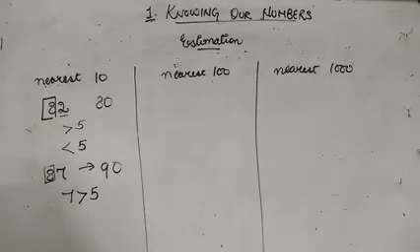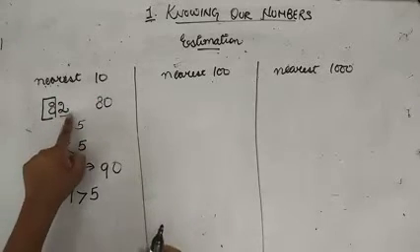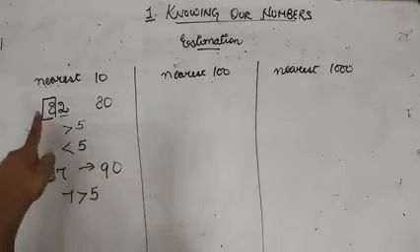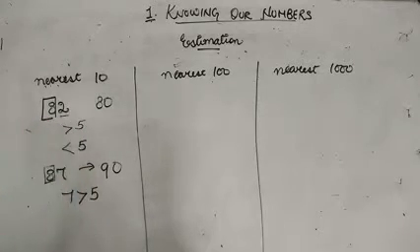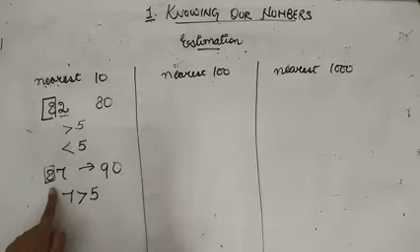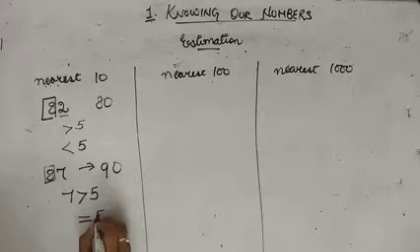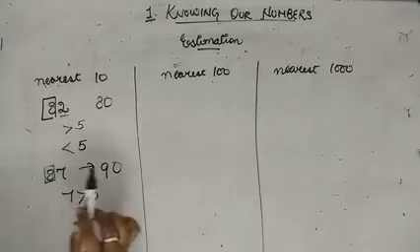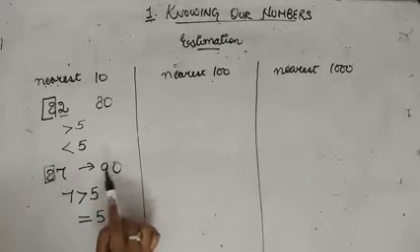So when you have to estimate to nearest tens, you will see the last digit. If last digit is less than 5, then digit at tens will not change. It will remain same. But if the digit is greater than 5 or equal to 5, if it is 85, then also this 8 will change to 9.